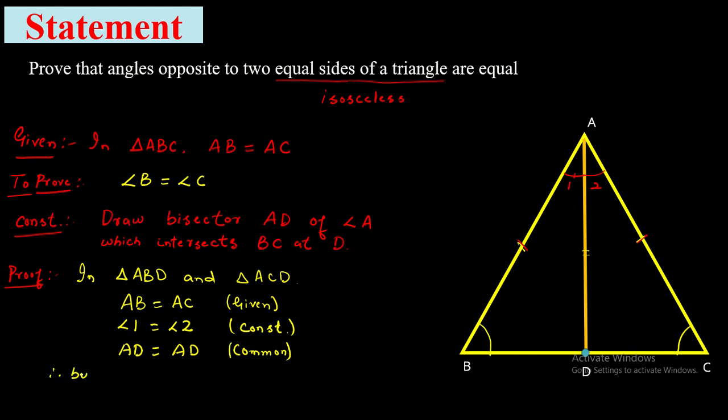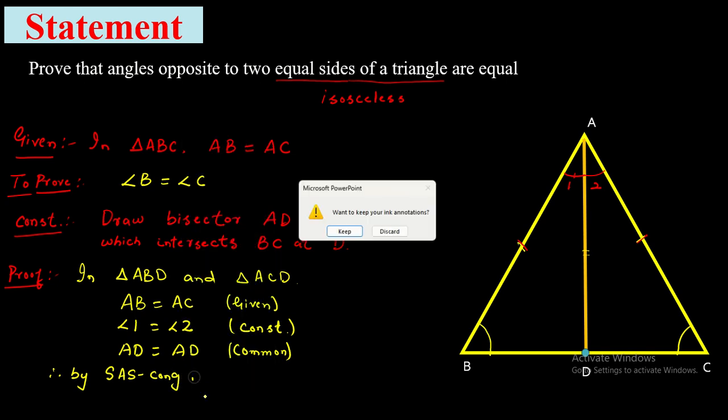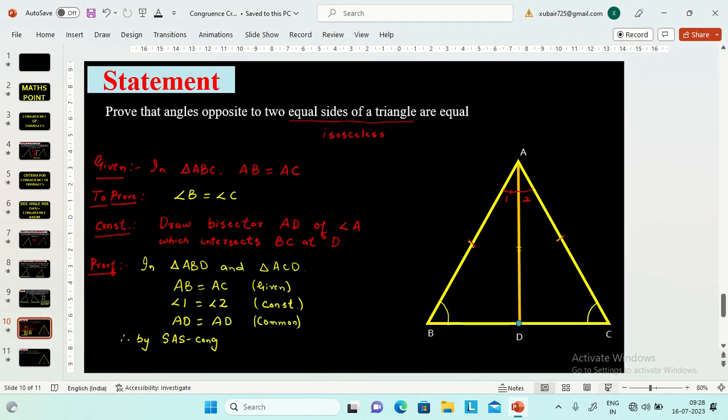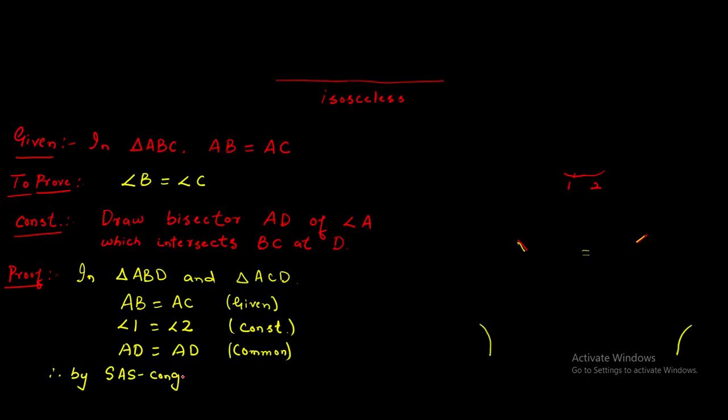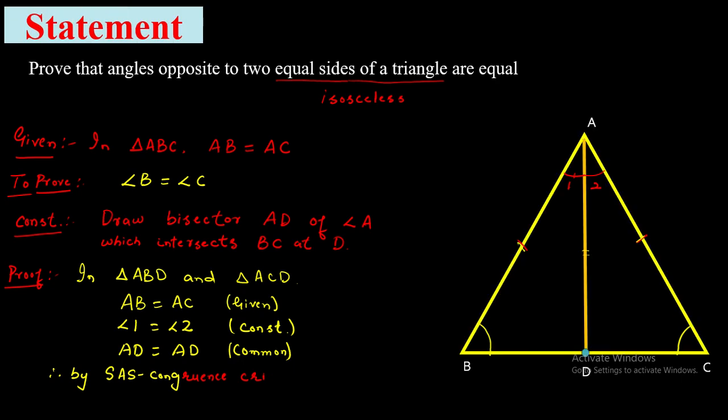Therefore, by SAS congruence criteria, the two triangles are congruent.